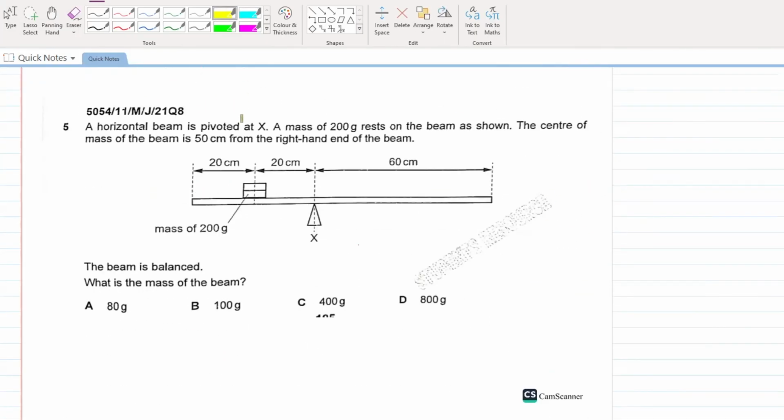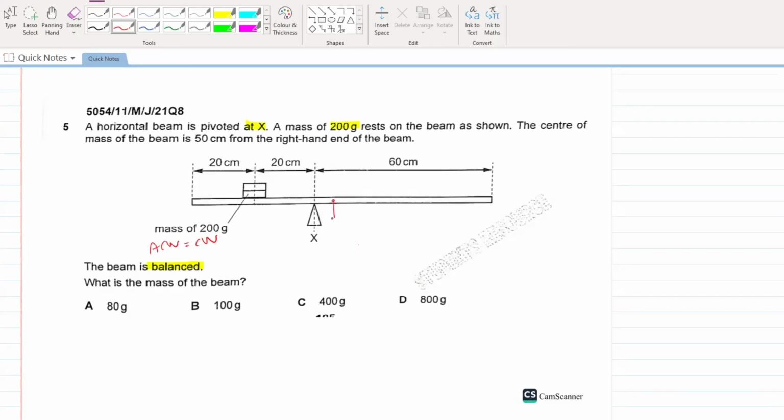Okay, let's see this question. A horizontal beam is pivoted at X. A mass of 200 grams rests on the beam as shown. The center of the mass is 50 centimeter from the center of the right hand of the beam. The beam is balanced. That means anti-clockwise moments are equal to clockwise moments. Can you realize that there is one force missing here?